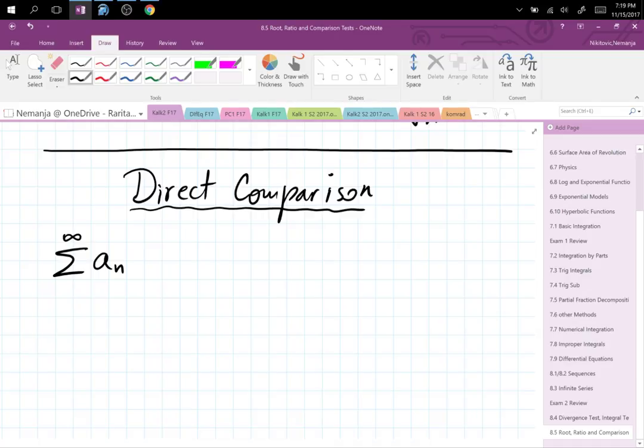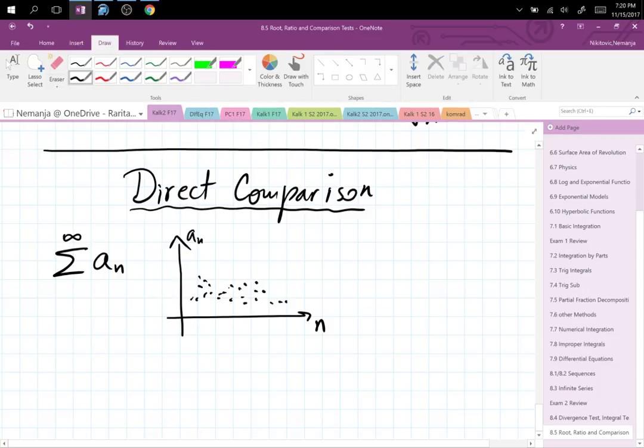So now we can figure out what that condition is by observing a simple graph. You have your n counter, you have your an over here, and now look at this. You have some crazy an that's all over the place.